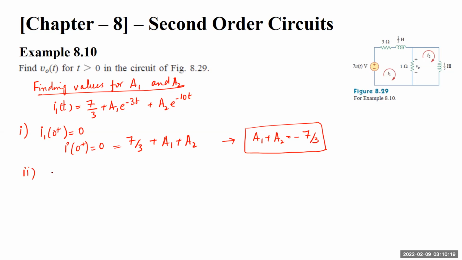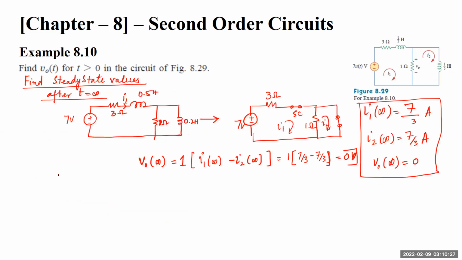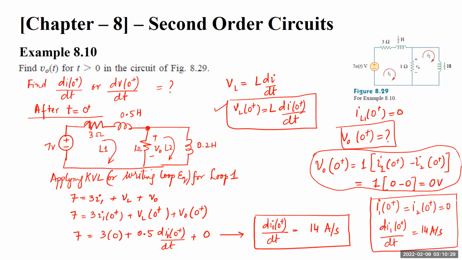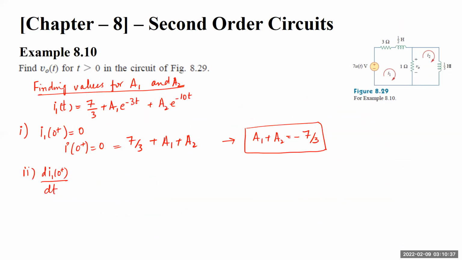For my second equation, we use dI1(0+)/dt. Remember, this value was 14 amperes per second, which we calculated earlier.